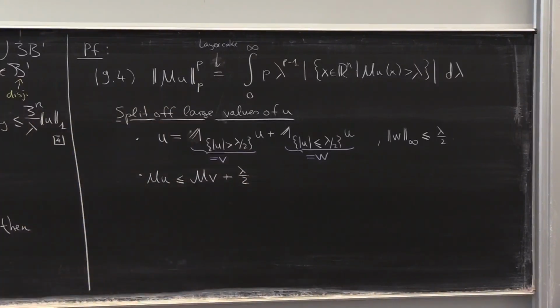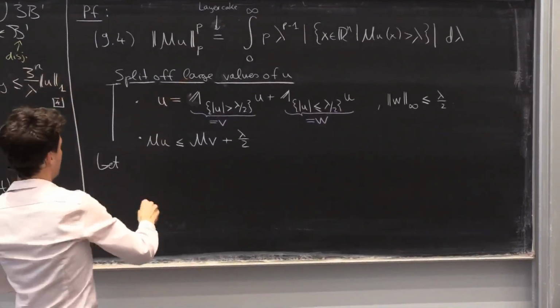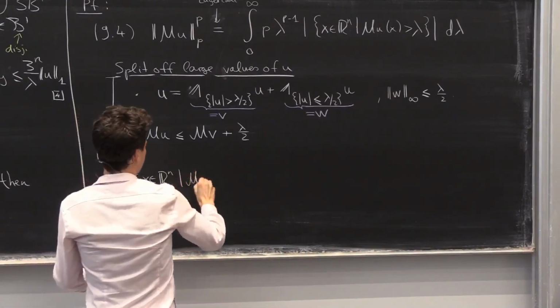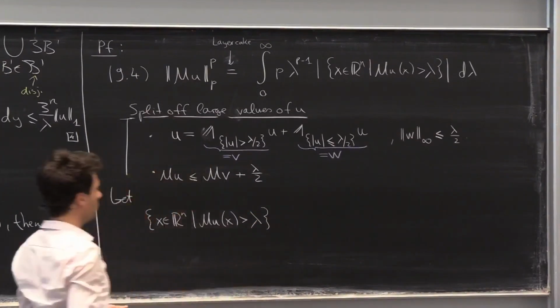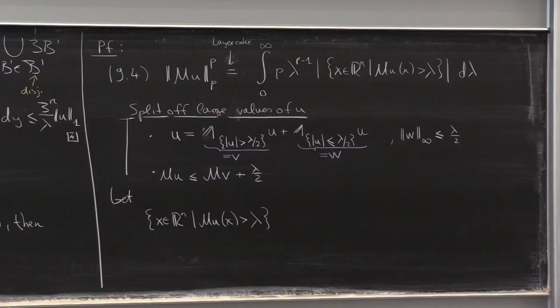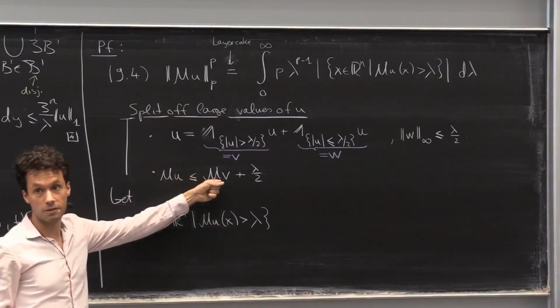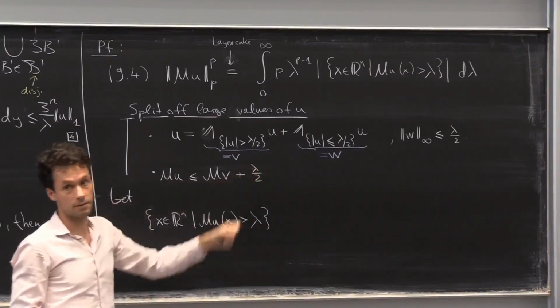Okay, so I have this pointwise control of the maximal function, and now from this intermezzo, what I'm getting is that for the super level set of the maximal operator applied to u at level lambda, I'm looking at values of x where the maximal function is larger than lambda. Well, if the maximal function of u is larger than lambda, then the maximal function of v has to be larger than lambda over 2, because they just differ by this lambda over 2.